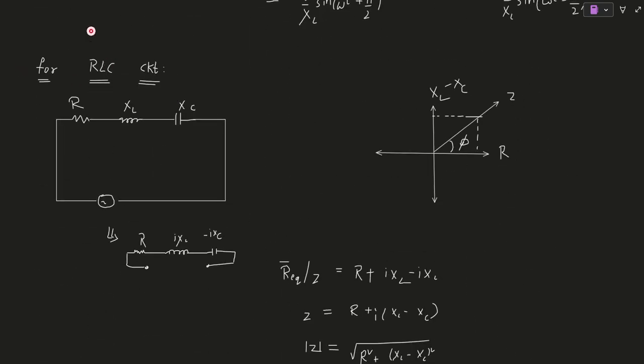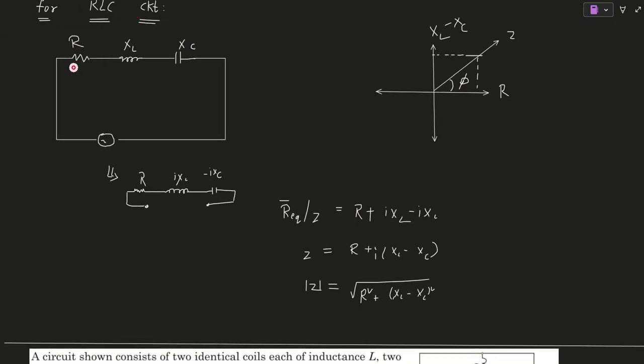Okay. Next we see the RLC circuit. So this is important. I have three components in series and one AC source. We convert this into a DC circuit by using complex numbers. So we multiply i with XL and minus i with XC.